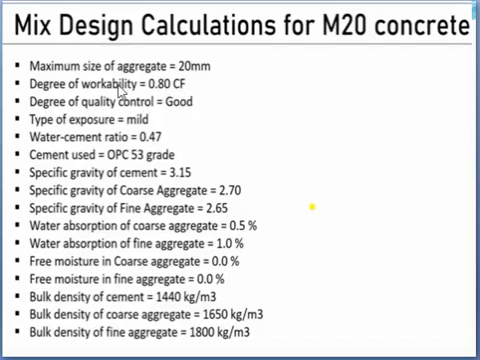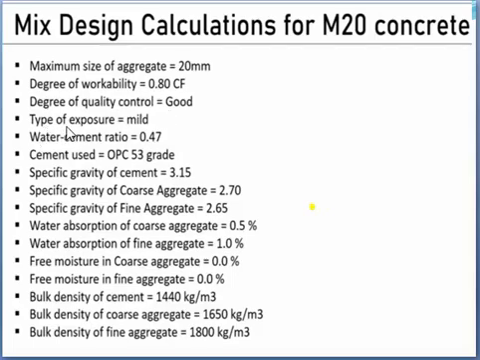If we are talking of degree of workability, that means we are talking in terms of the compaction factor, so it is 0.80. It may be assumed that the slump value required for this particular mix design will be 50 mm. Degree of quality control is good.